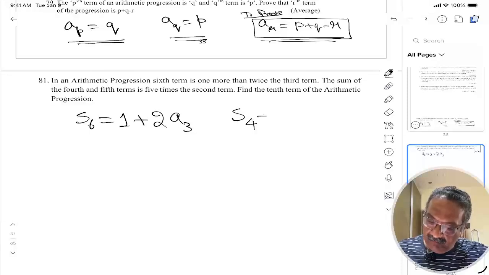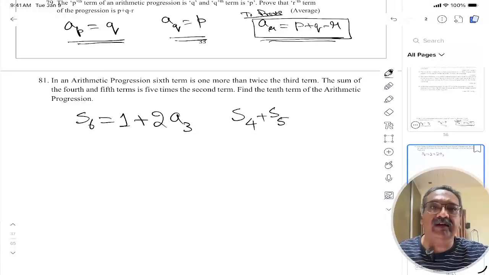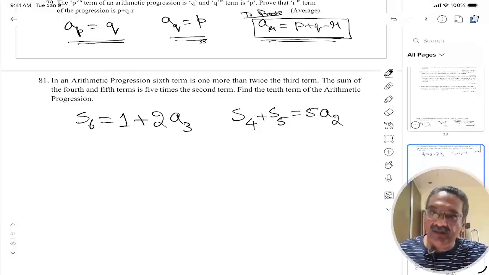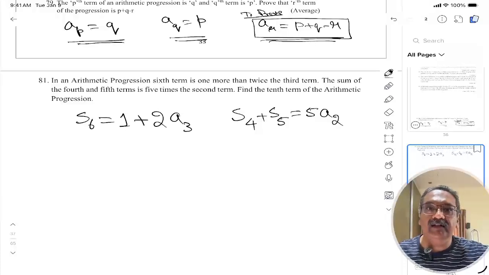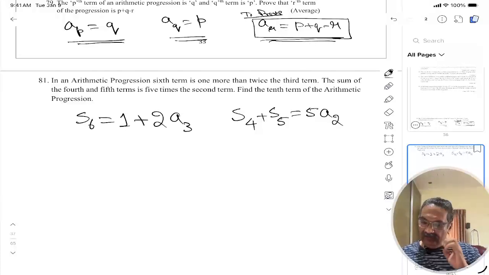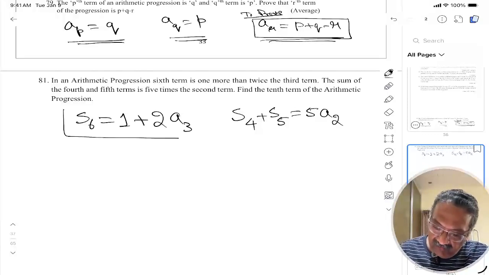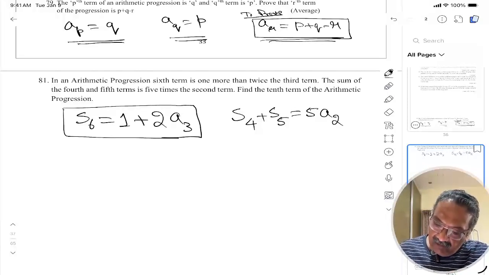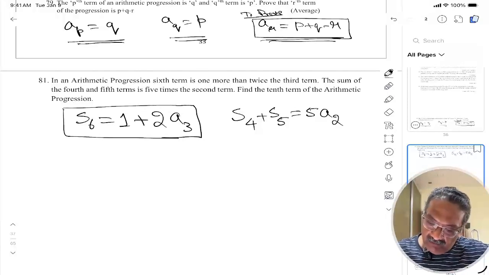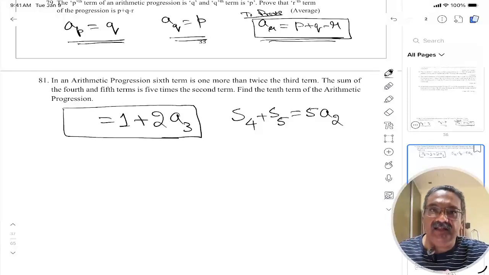A4 plus A5 is 5 times its second term, A2. Find the 10th term. Okay, now we have to find the 10th term. These two equations they have given. The sixth term, okay, sorry, not the sum. I stand corrected.